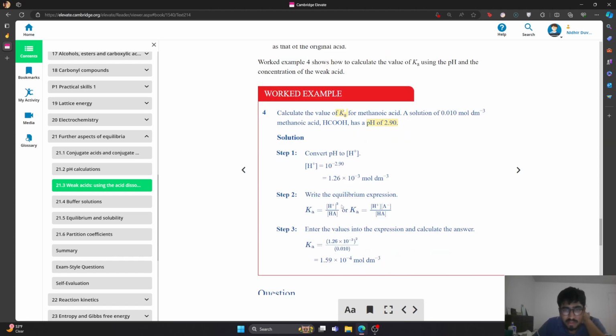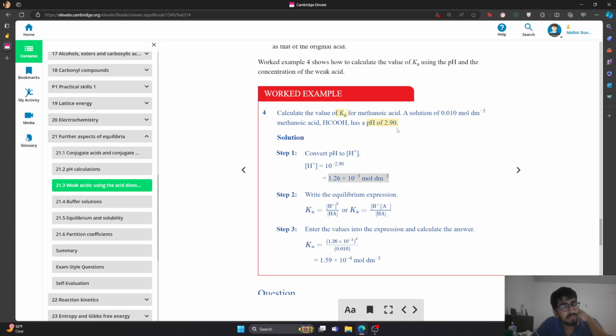Make sure you do the question slowly. They're telling you to calculate the value of K given that pH is already given. If pH is given, that means H concentration is given, so you can figure that out in moles per dm cube.